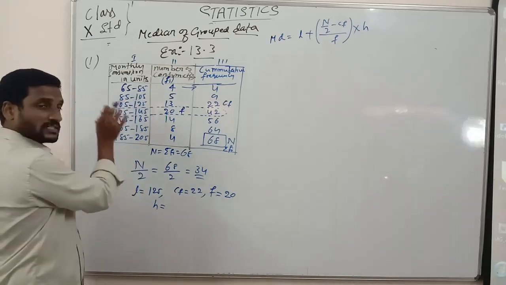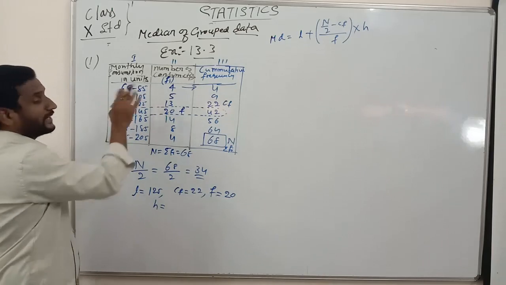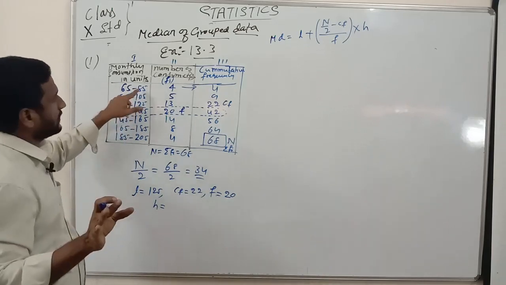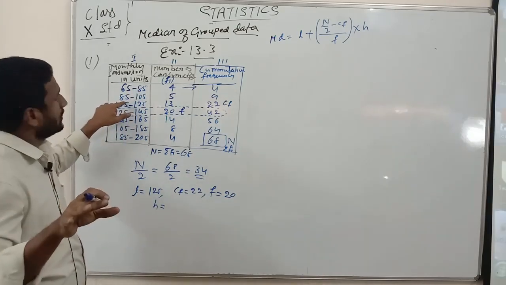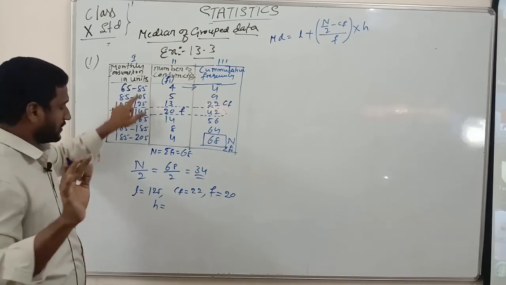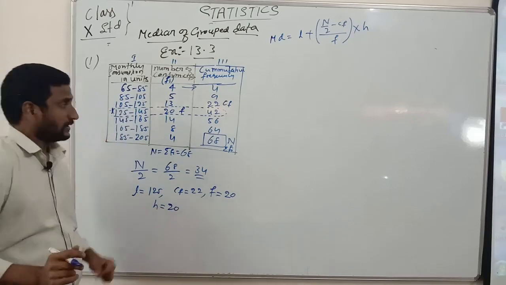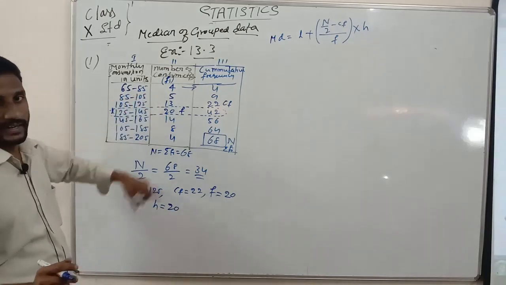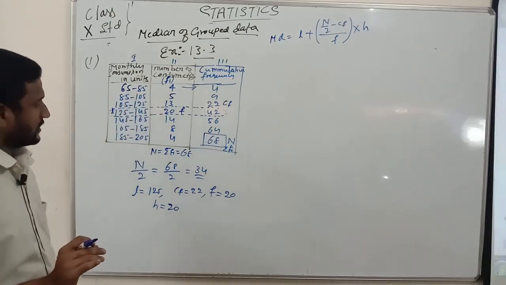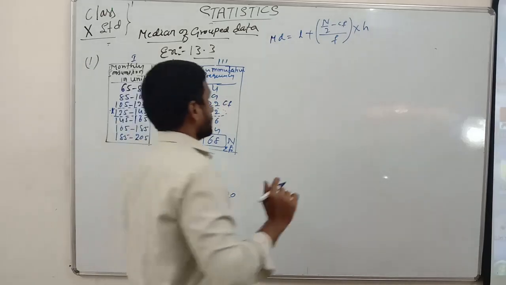The first number 65 you can also count, up to 84, because 85 counts in the second class interval. So the class width is 20. 65 to 75, again up to 84, again 20 you will get.